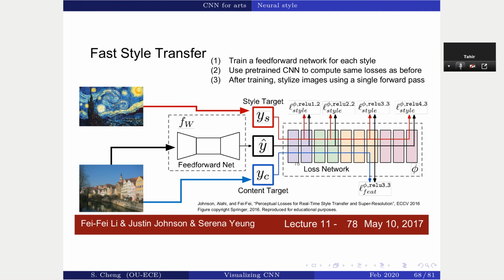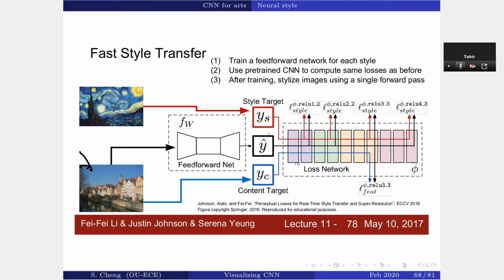What we can do is actually create a new feed-forward network to do that. Instead of trying to optimize for a particular image, I'm trying to train this network. Then when I have a new image, I can just put this image in here and go through this feed-forward network to create this y-hat immediately.